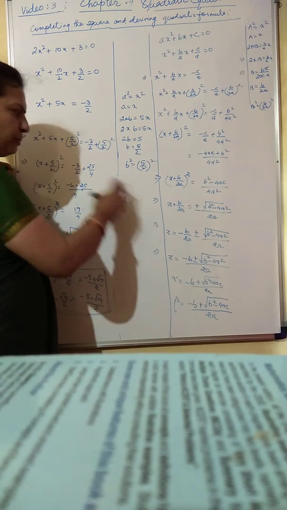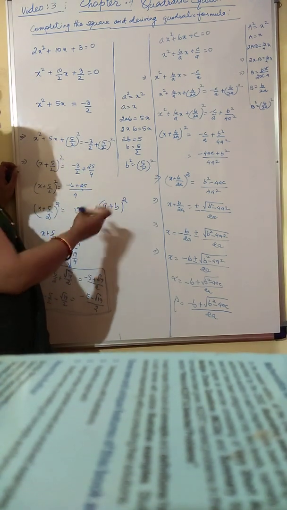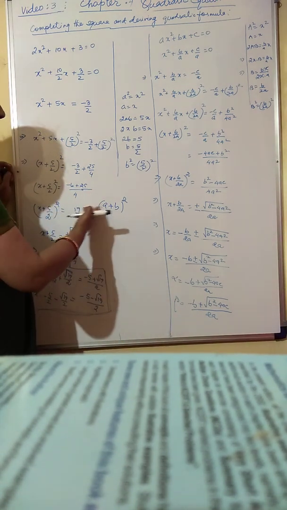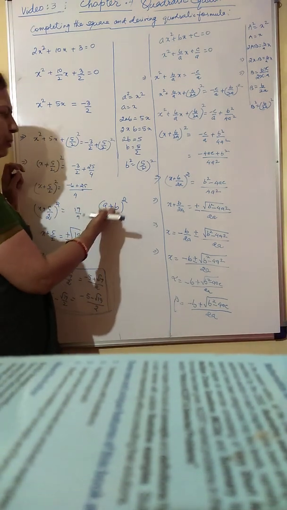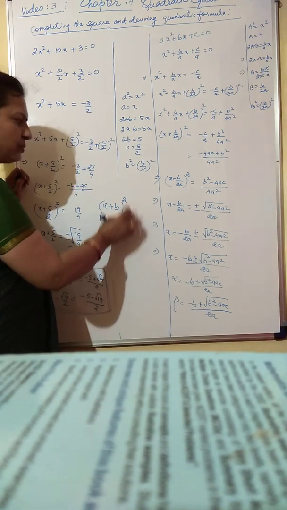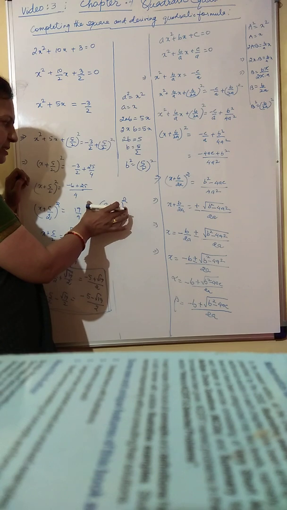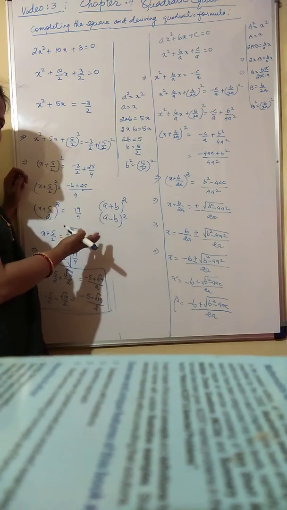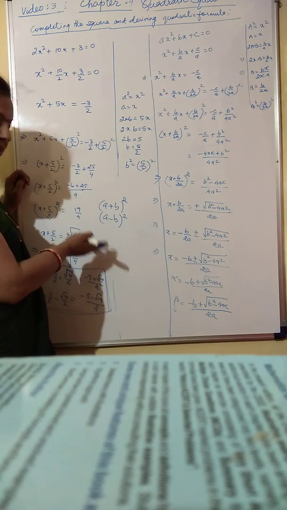You know that to make a complete square identity, be it in the form of a plus b or in the form of a minus b, this is what is called a complete square. That is, the two factors of the equation are equal.